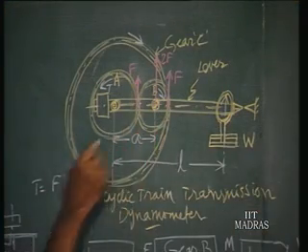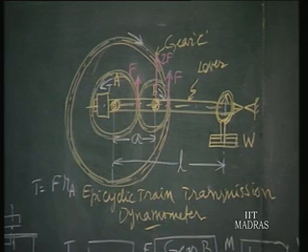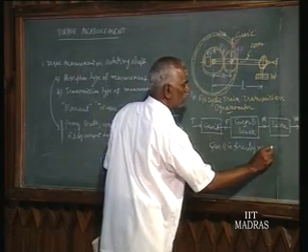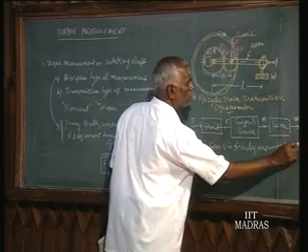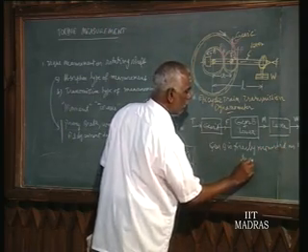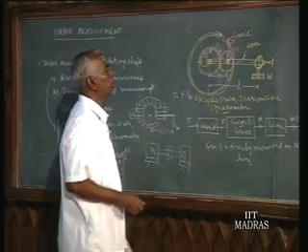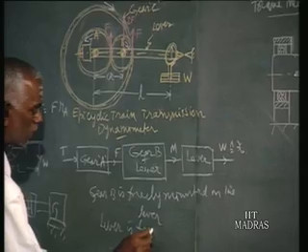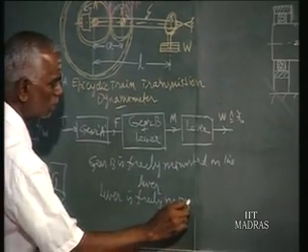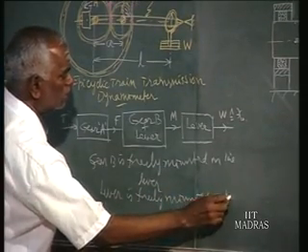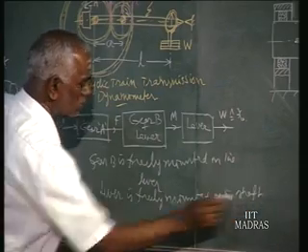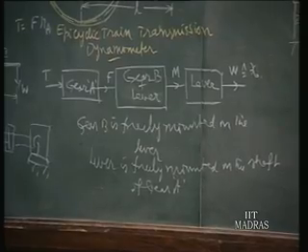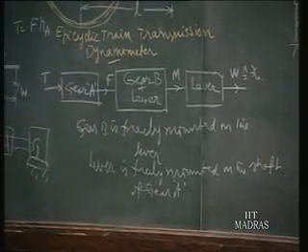This is a lever, gear B is freely mounted on the lever, that is, it is supported on the lever, and the lever is freely mounted on the shaft of gear A. These are the construction details. The lever is mounted free on the shaft here.